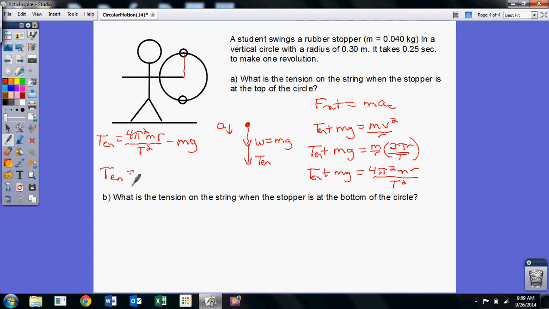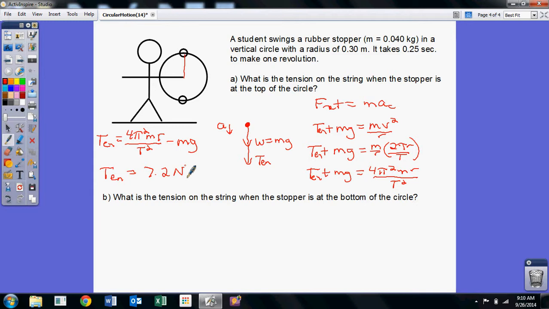I did this earlier, substituted in 0.04 for the mass, substituted 0.3 in for the radius, and substituted in 0.25 for the period, because that's the time it takes to make one revolution. You get an answer to two significant digits of 7.2 newtons. And I'm trusting that you'll check my math on that.